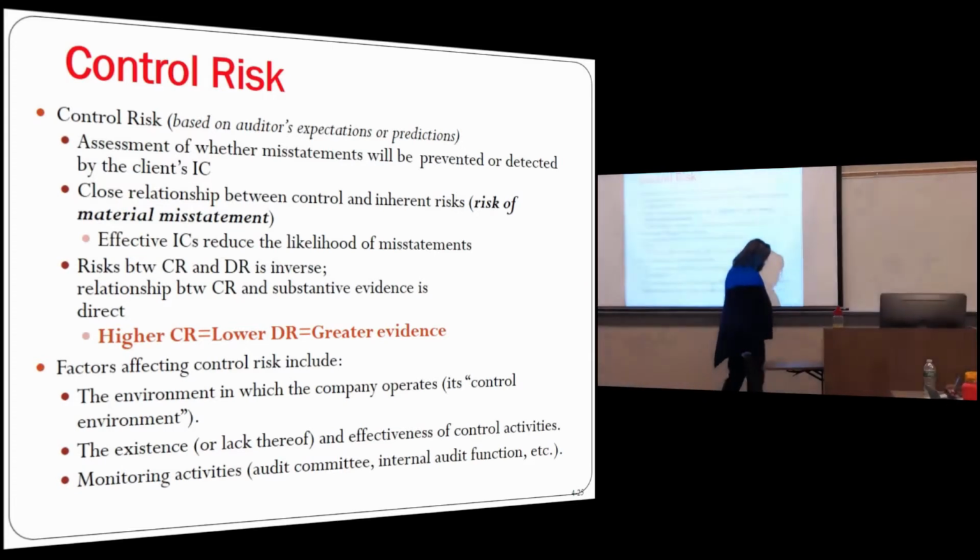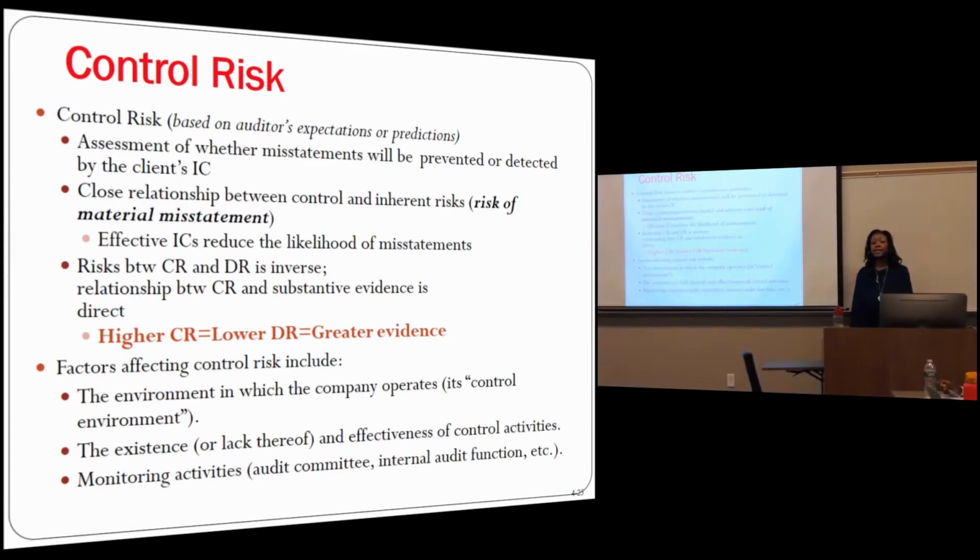So the relationship between the risk of material misstatement and detection risk is then what? What's the relationship? Right. The higher the risk of material misstatement, the lower the risk the auditor is willing to accept that their audit procedures will not detect that misstatement, and therefore they're going to gather greater evidence.